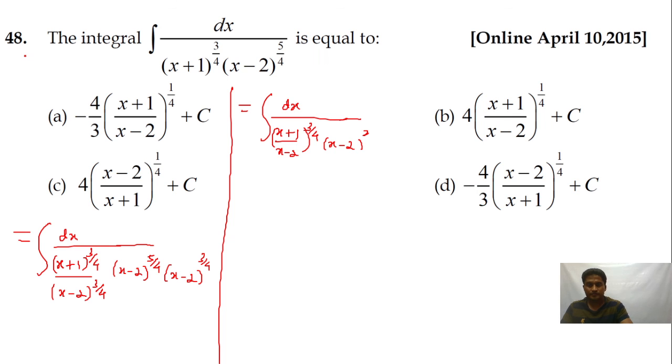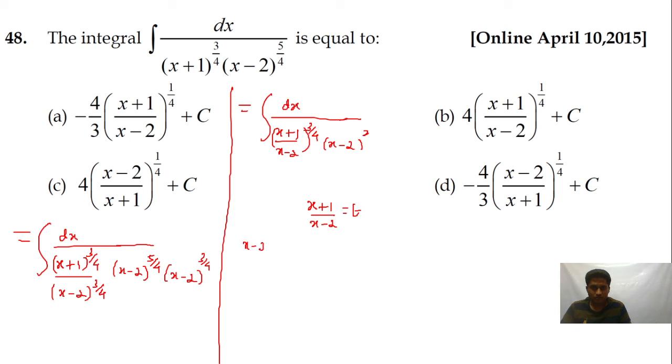Okay, so this is equal to integration of dx divided by x plus 1 upon x minus 2, okay, whole to the power of 3 by 2, or here itself I'll do it. This becomes integration of, I'm going to put x plus 1 upon x minus 2 is equal to t.